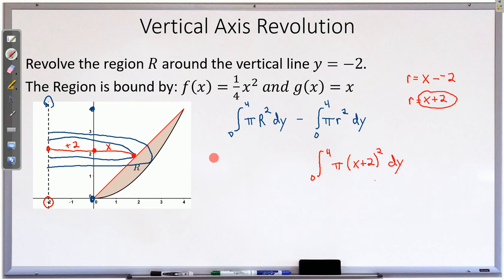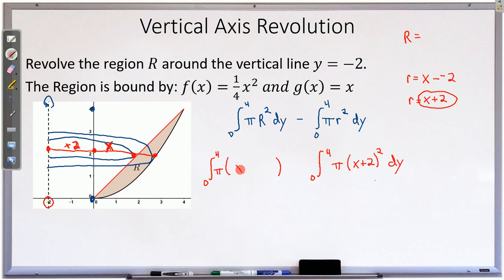All right, now the other one is still going to be the integral from 0 to 4 of pi times, now what is big R? Okay, so it is again, if I take this radius and I extend it out to here, that is still an x value, and we are still adding 2 to it.